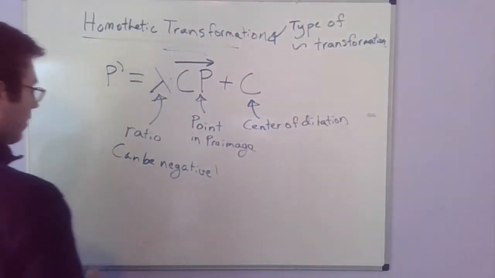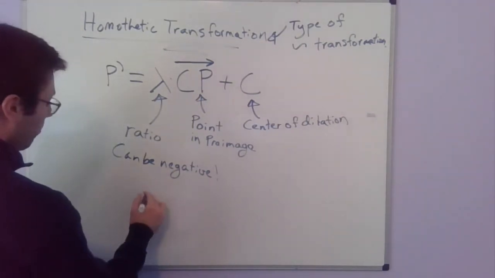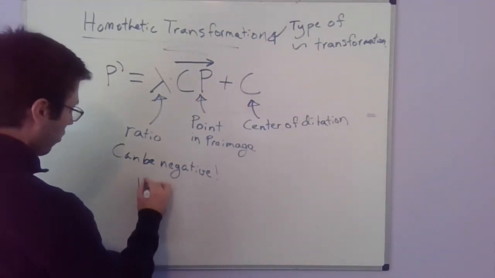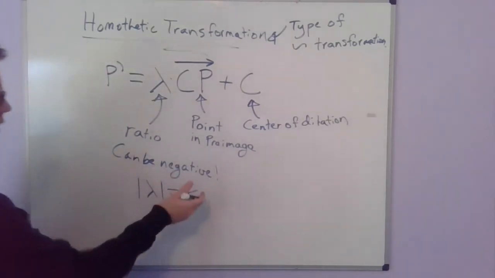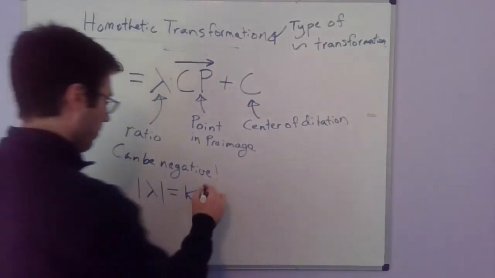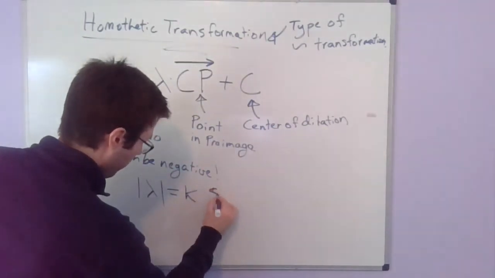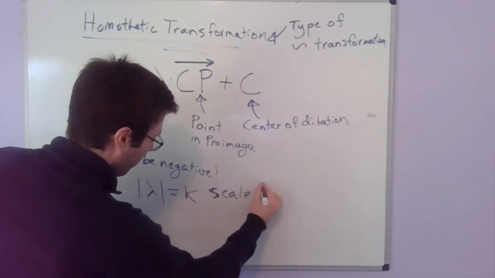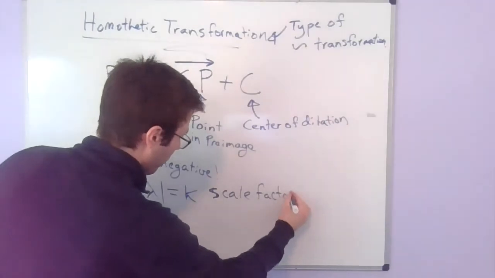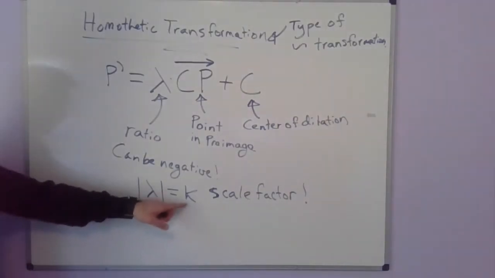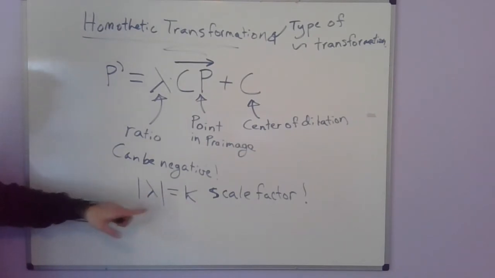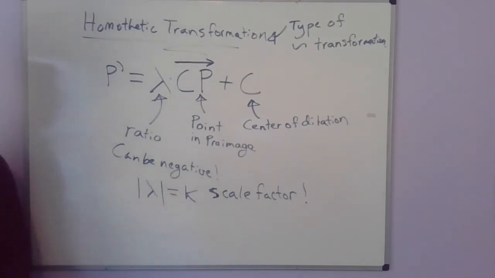And in fact, our scale factor, so the absolute value of lambda, is equal to our scale factor. So again, the scale factor cannot be negative, but the absolute value of our ratio will give us our scale factor.